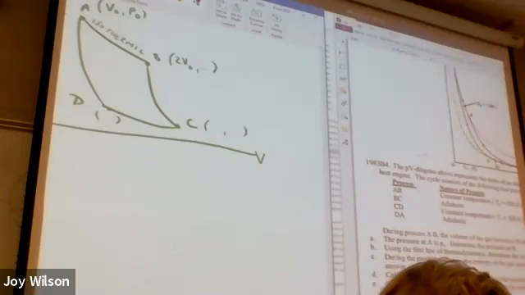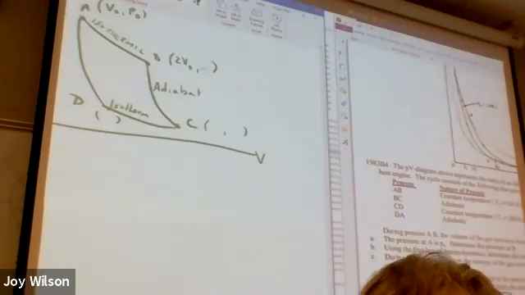So if this is an isotherm, we're going to figure out what these other points are. This is an adiabat. They tell us that C to D is also an isotherm, and it's at 200 Celsius. Why would I know it has to be at a smaller temperature than A to B?